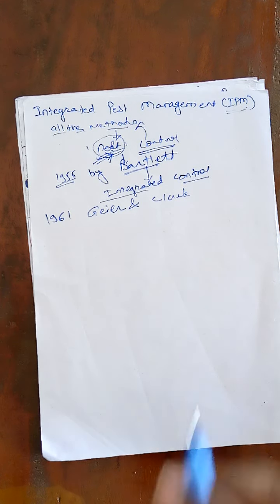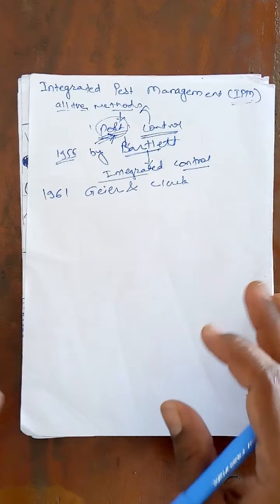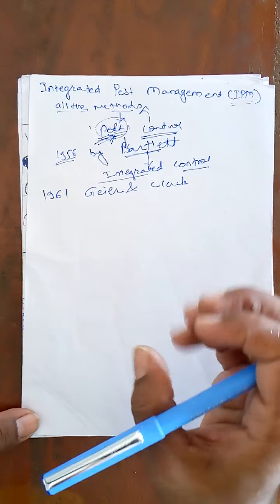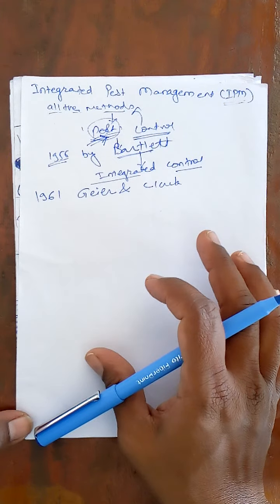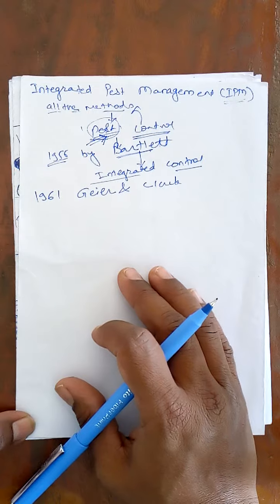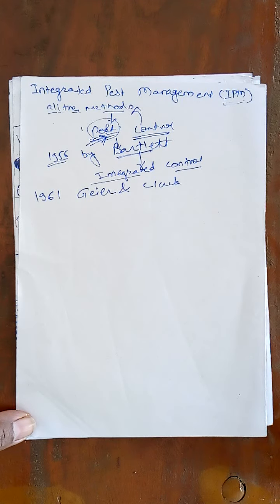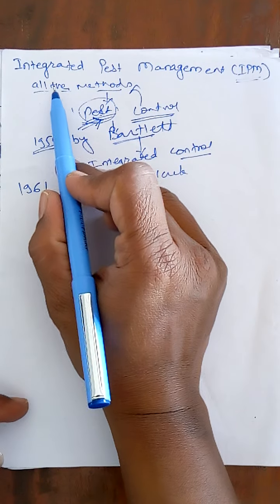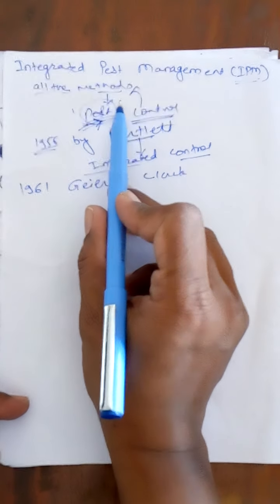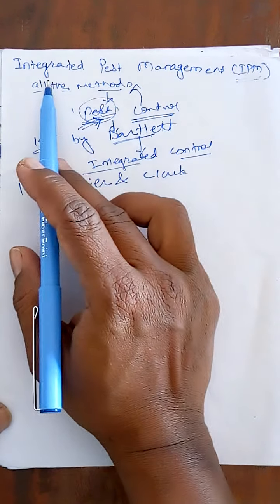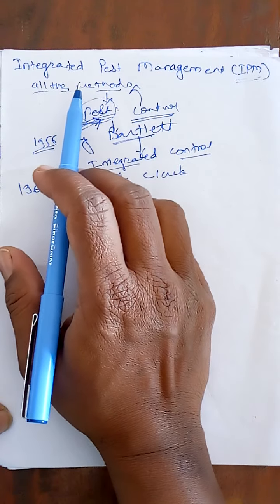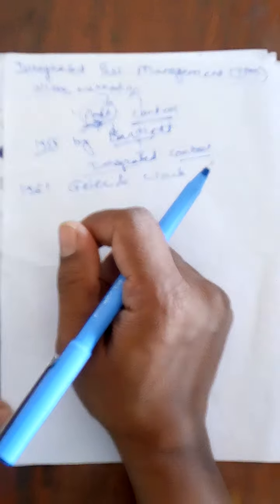Instead of using only a single method, when we use many methods together, it gives a better result. For getting the better result, we make a combination of all the methods, and we call it integrated pest management.